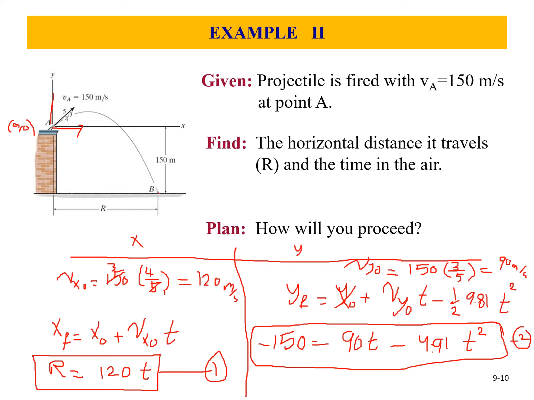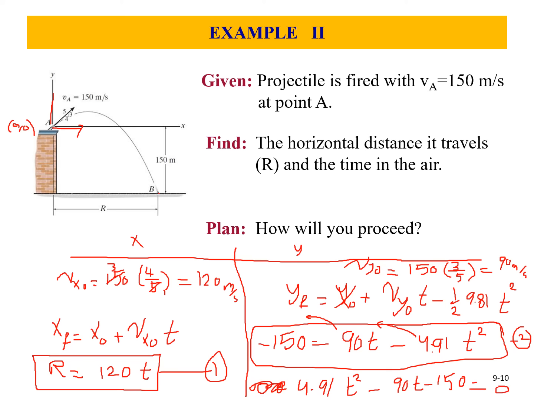Does it make sense? Now you move the 150 to the other side, then you will have 0 equals, you move everything to the other side so that they're positive. So you'll have 4.91 t squared minus 90t minus 150 equals 0.